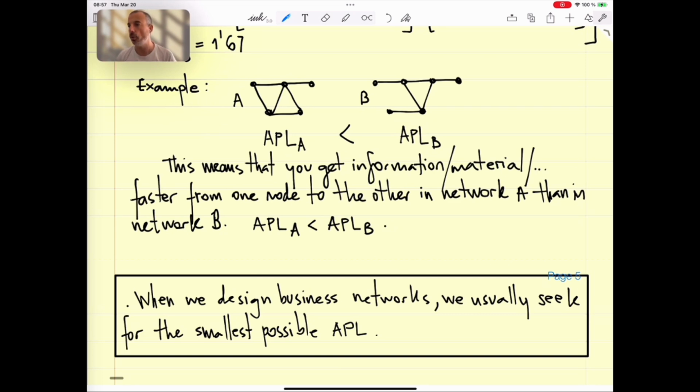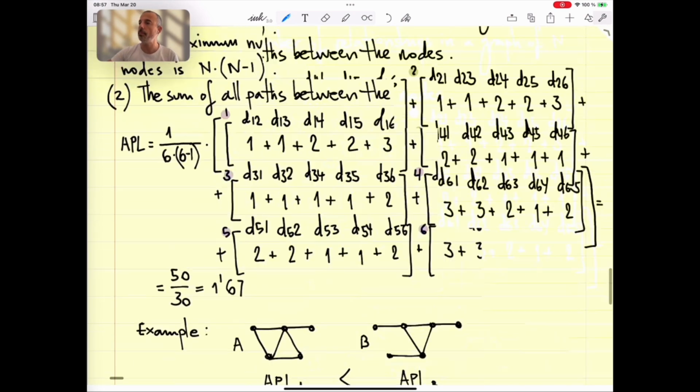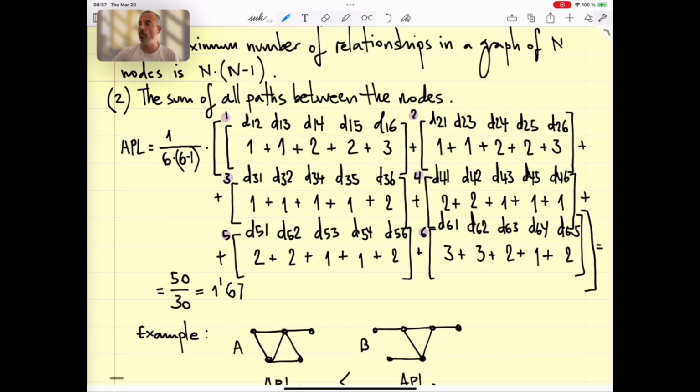Okay, so you need to calculate the average path length for both networks, compare them, and tell me, okay, I would choose this one because the average path length is smaller than the other. All right? This makes sense?